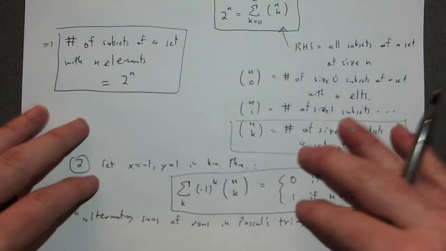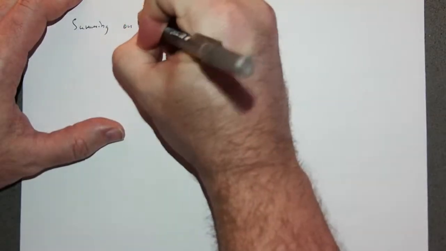Okay, more binomial coefficient facts. The next property is referred to shorthand as summing on the upper index.